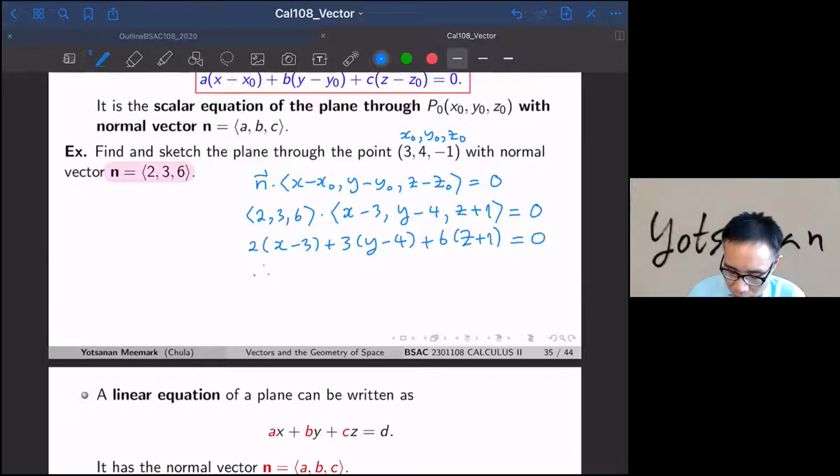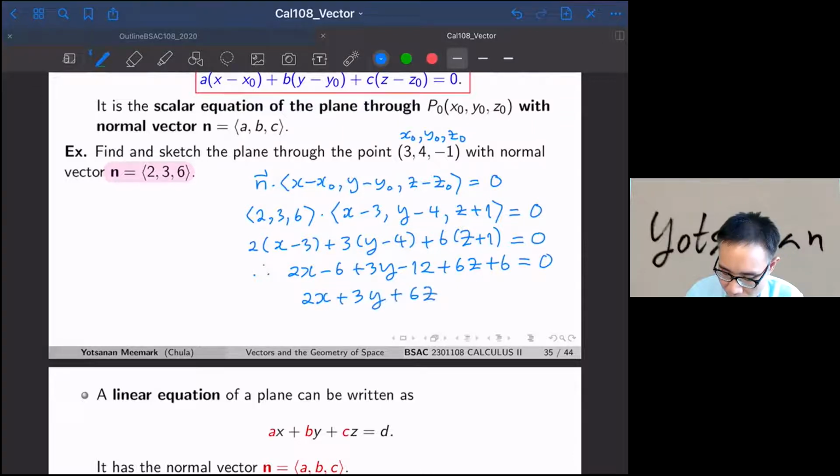So this is 2x minus 6 plus 3y minus 12 plus 6z plus 6 equal to 0. And you can combine the terms into 2x plus 3y plus 6z equal to 12. Okay, so this gives you the equation of the plane: 2x plus 3y plus 6z equal to 12.